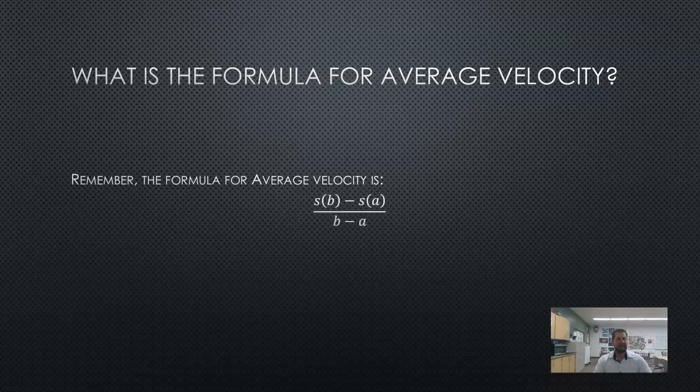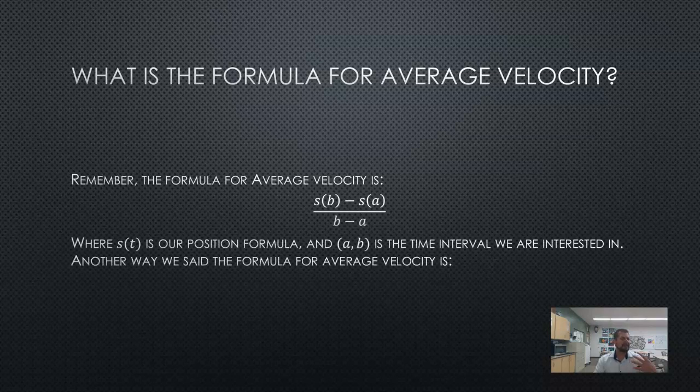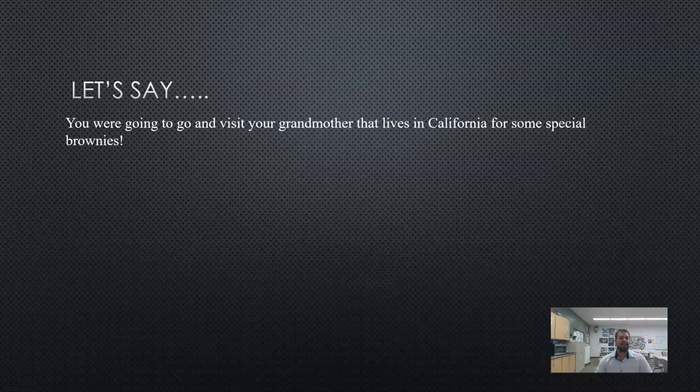We use this formula, S of B minus S of A, all over B minus A. Now that might not look really familiar, but if S of T is our position function, and A and B are our start and end times for the time interval we are interested in, then what we really said was that the formula for average velocity is just displacement, which is how far you are from where you started, divided by time elapsed, which is how long it took to get from point A to point B. Okay? That is our formula for average velocity.